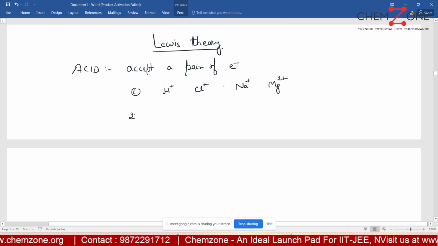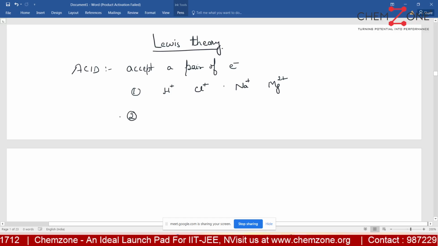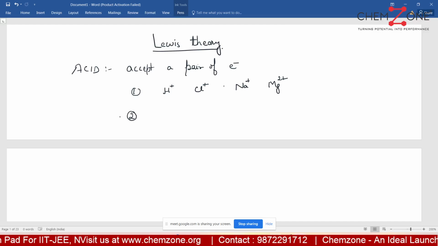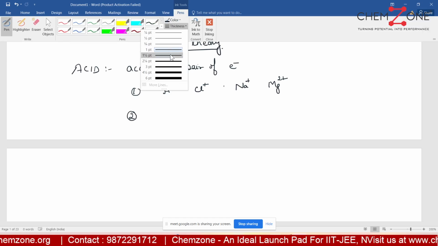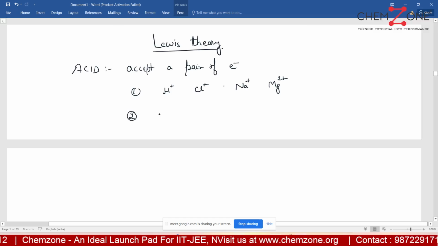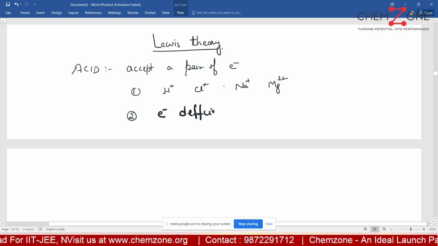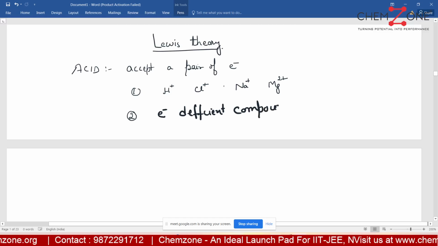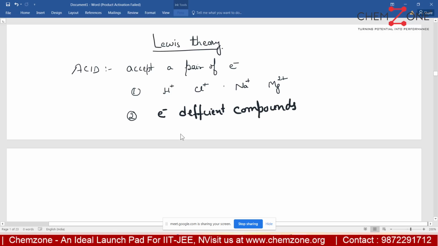All these are Lewis acids. Secondly, all the electron deficient compounds are also acids.